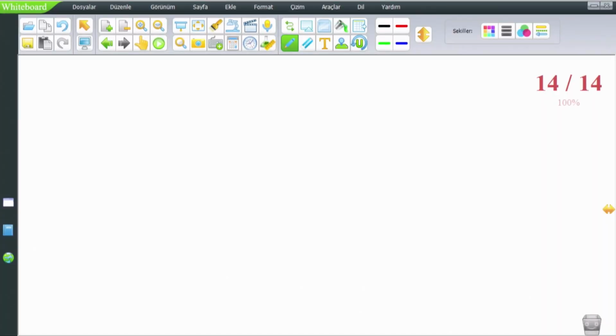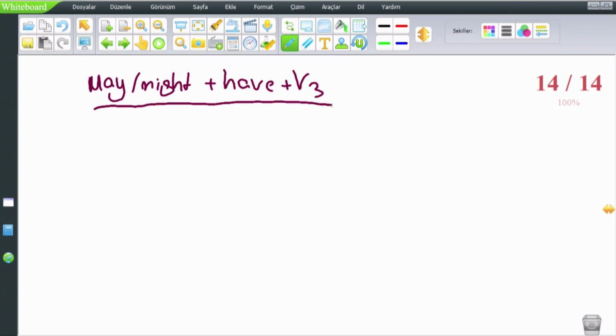And last but not least, we have may or might have verb 3, which represents kind of low possibility in past.